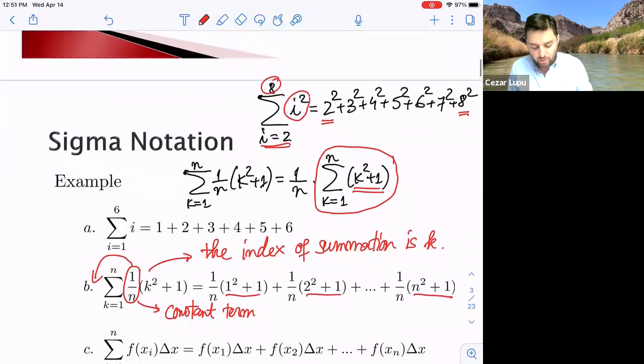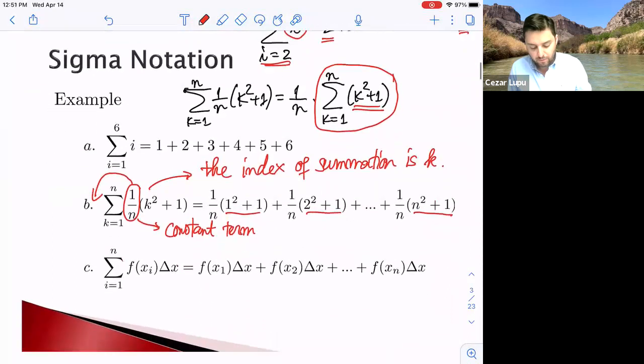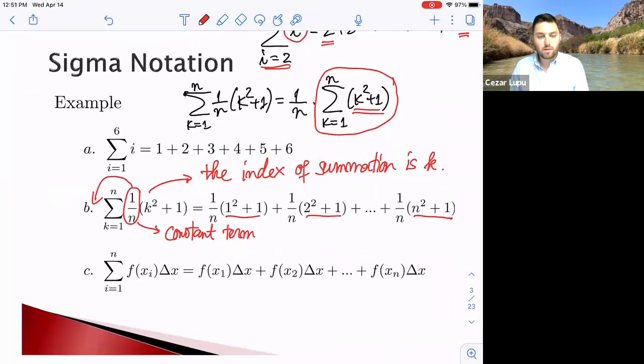All right, let's see another one. The third example. Look at this guy here. Let's look at the sum. So we would like to sum all these numbers f of xi delta x. So the sum from i equals 1 all the way to n of f of xi times delta x.